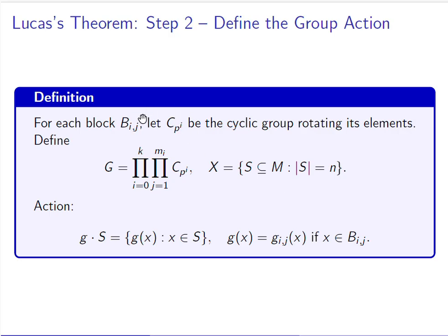The action of an element of the group G is just the component of that element that lies in this cyclic group, and that is what will act on it. And the action is just, as we said, by rotation. It's just going to rotate it to the next element. So that's how we define the action.